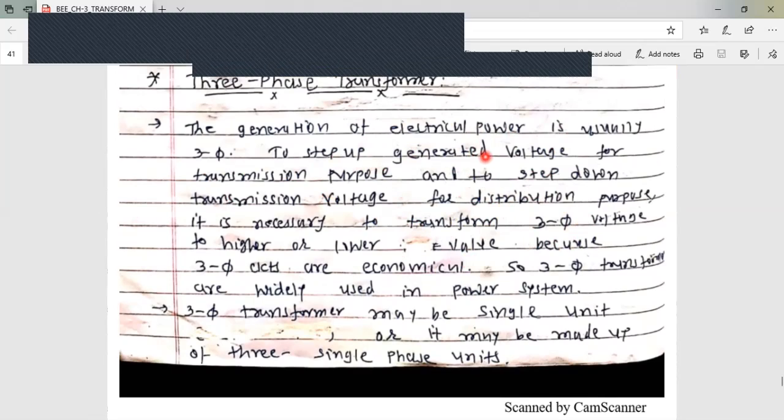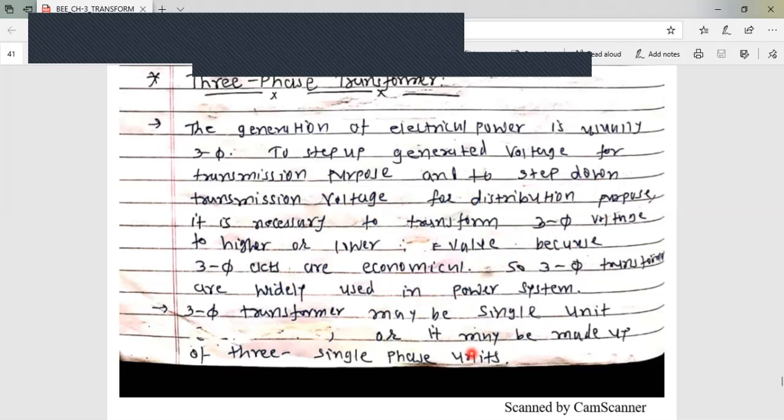To step up the generated voltage for transmission purposes and to step down the transmission voltage for distribution purposes, it is necessary to transform the three-phase voltage to higher or lower. Same as in the case of single phase voltage, here the three-phase transformer steps up or steps down the three-phase voltage. So three-phase transformers are widely used in power systems.